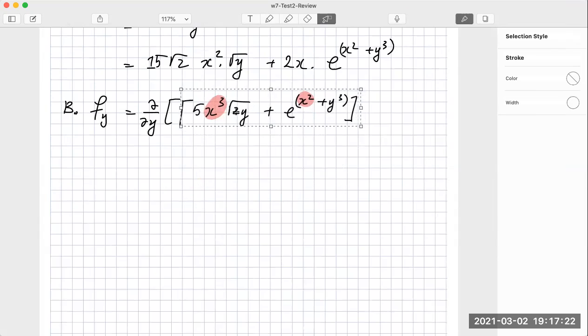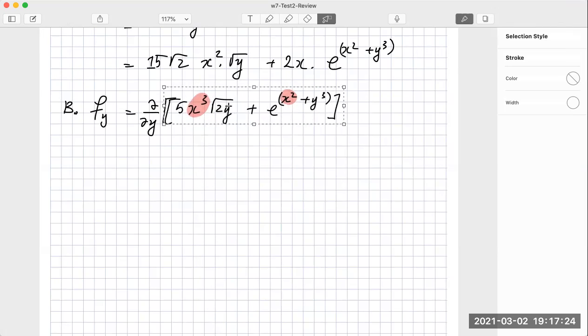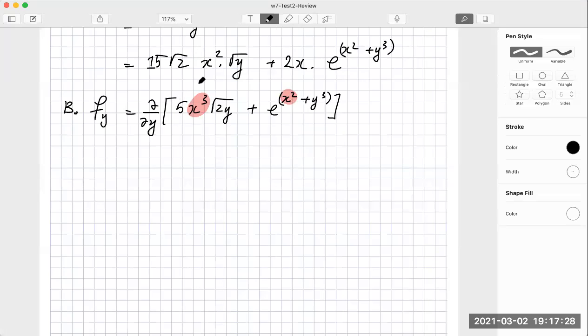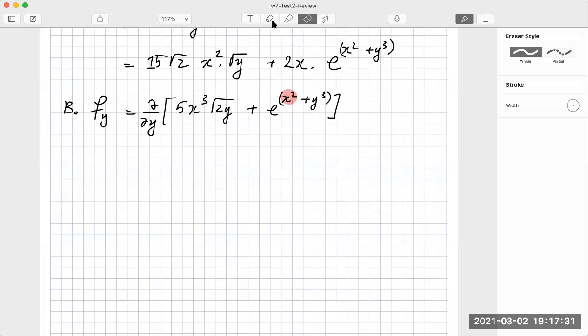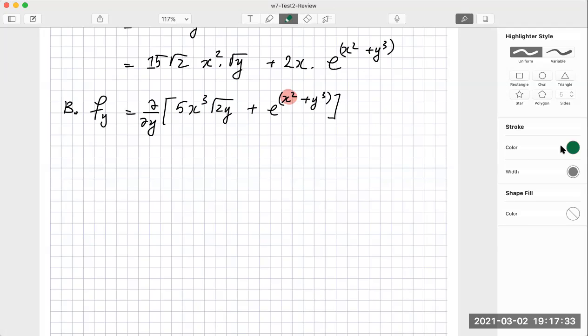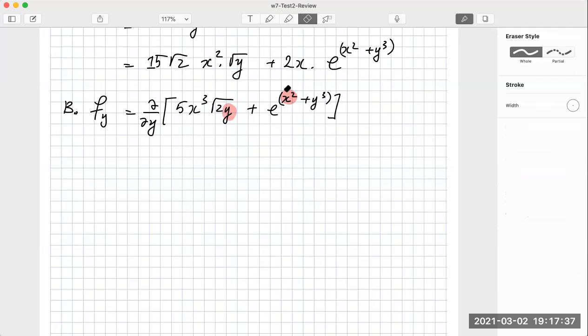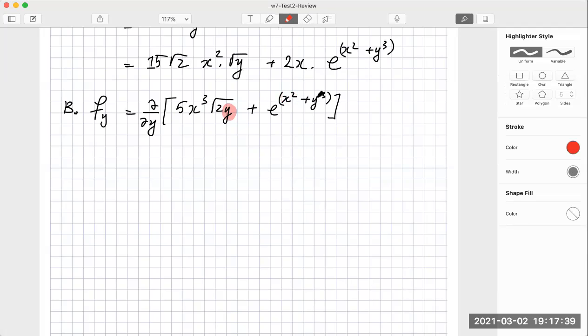In this case, y is the variable. Therefore, the partial derivative of this will be, again, we treat 5x cubed as a constant.